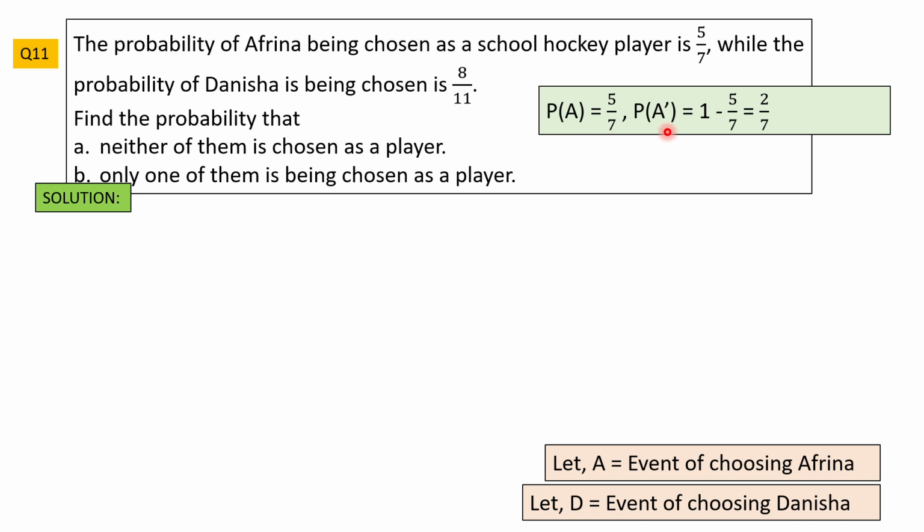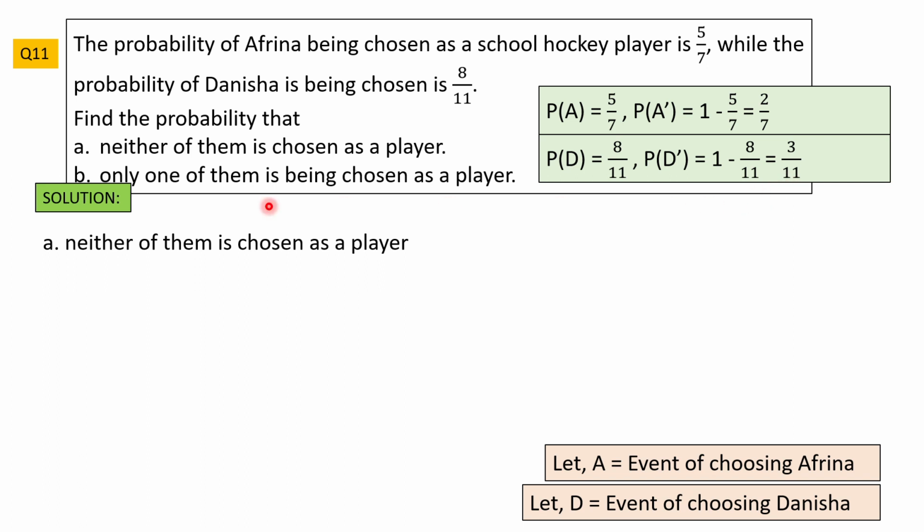Therefore, probability A prime, that is Afrina not being selected, will be 1 minus 5 over 7, which equals 2 over 7. Next, the probability that Danisha is selected is given as 8 over 11. The probability of Danisha not being selected, that is D prime, equals 3 over 11. With that, let's continue with the question.